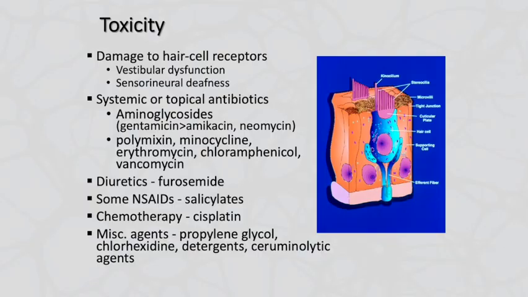And if a patient is on high doses of long-term furosemide, that can alter the electrolyte balance, and it can kill those hair cells. And then cisplatin is going to be another one, especially in cats, to where it's known to cause damage to the hair cells.